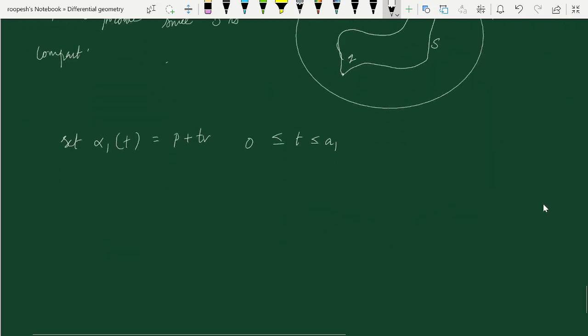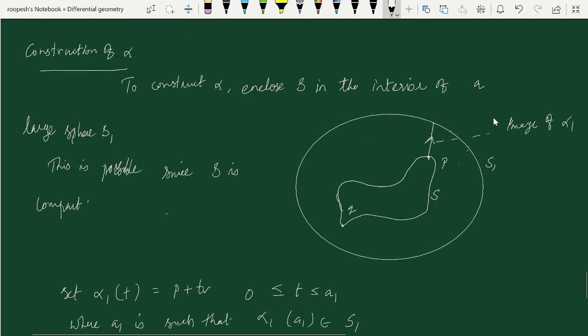Now the second thing, where a1 is such that alpha 1 of a1 belongs to S1. So alpha 1 of a1 belongs to S1 means this is my point alpha 1 of a1, this point.